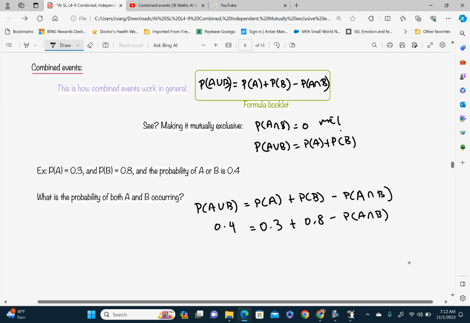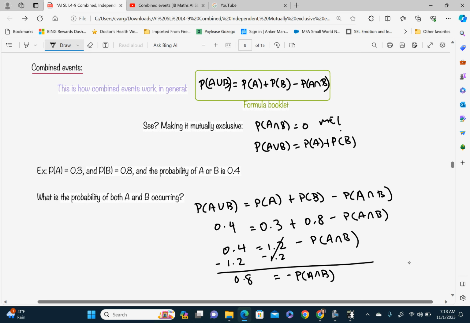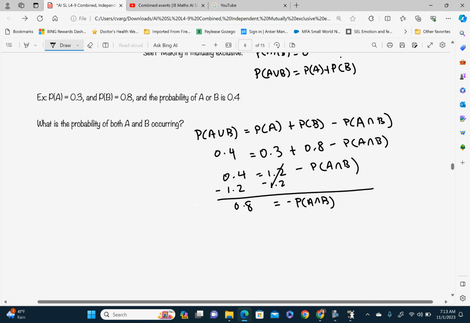So we can go ahead and combine like terms here. When we do that, we're going to get 1.2, and then minus the probability of A and B, we have 0.4 here. So let's subtract 1.2 from both sides. These cancel out, and 0.4 minus 1.2 is equal to negative probability of A and B. Then divide both sides by -1, or multiply by -1.